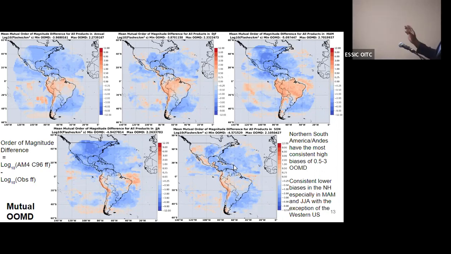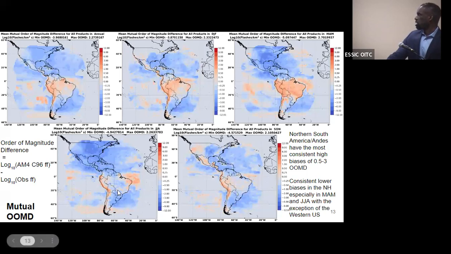What we notice here is a theme over South America: you have higher biases, or order of magnitude differences, in northern South America and also over the Andes.